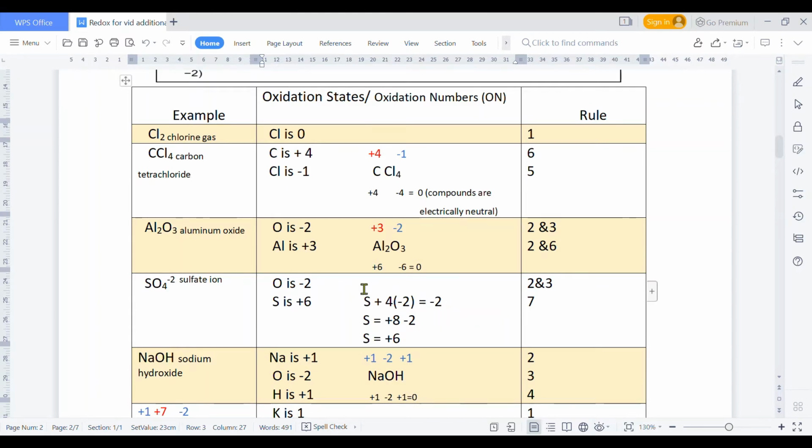This -2 is the overall charge of the ion. So S is equal to plus 4 times -2 is -8. Transpose it to the other side, it becomes +8, and then carry the -2. S is equal to +6. +8 minus 2 is +6.